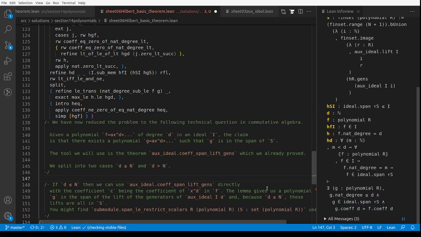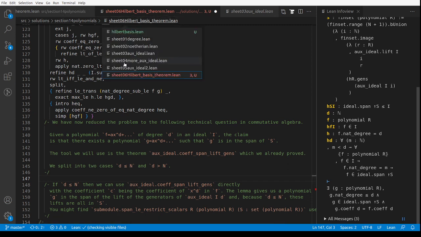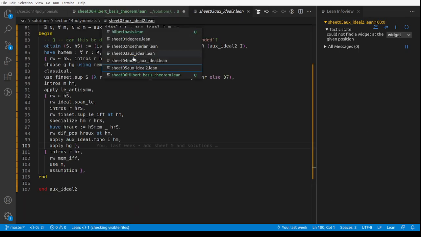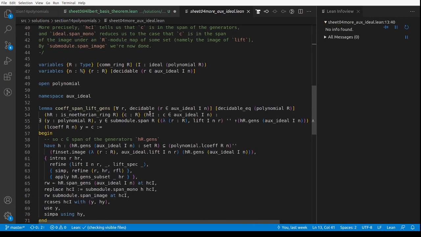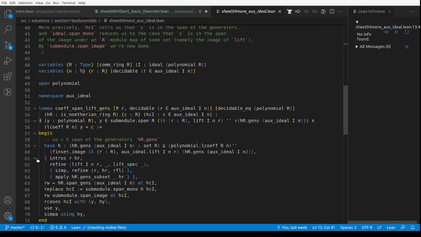And the idea is that we've proved a technical lemma already, not in Orcs ideal 2, we probably proved it in more Orcs ideal. It'll be this thing here. You see, this says if I've got a coefficient in this Orcs ideal IN, that means the coefficients of polynomials of degree n.